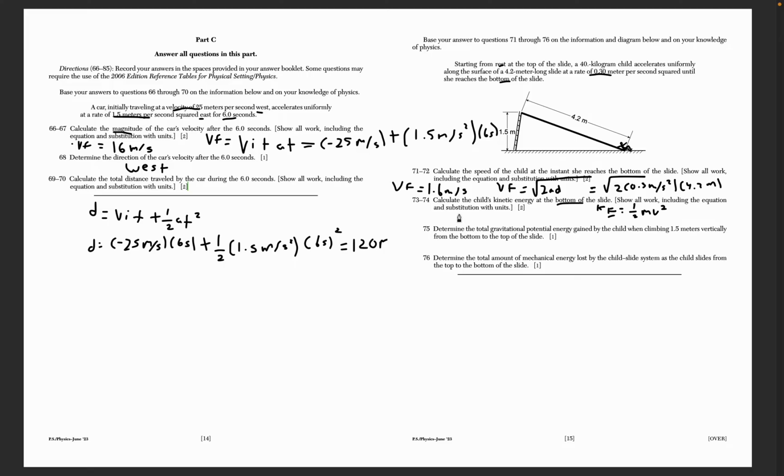So the kinetic energy would be equal to 1/2 of 40 kilograms times the speed, which is 1.6 meters per second squared. And this should give you 51 joules.